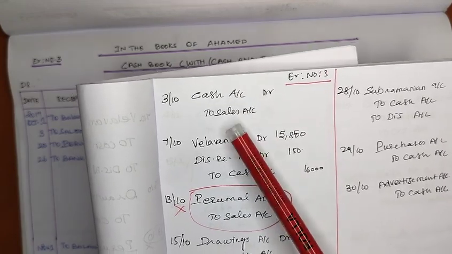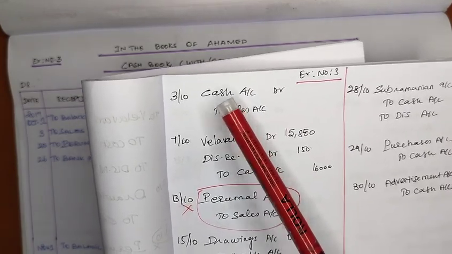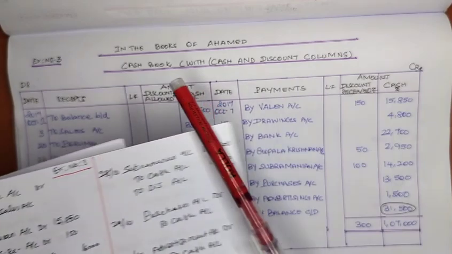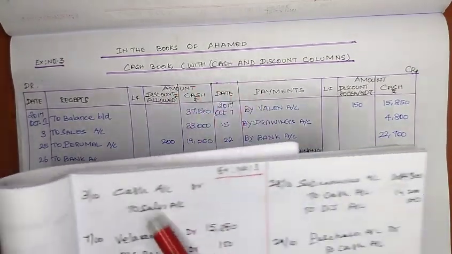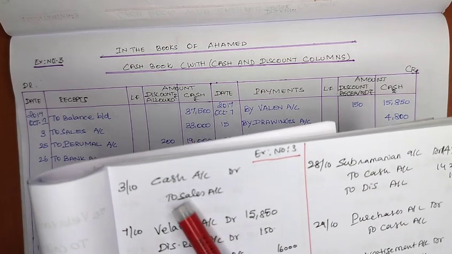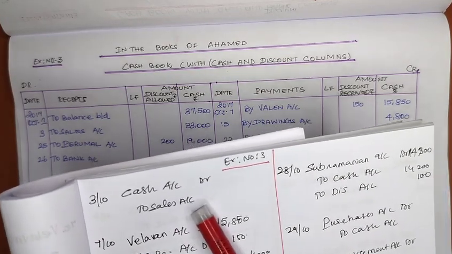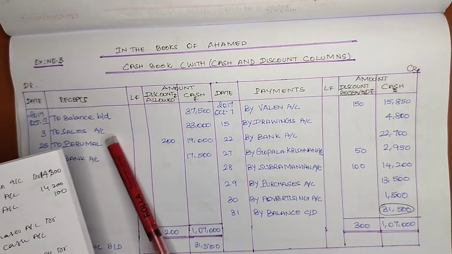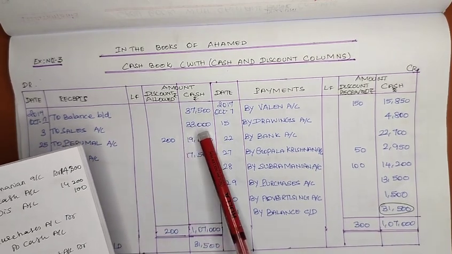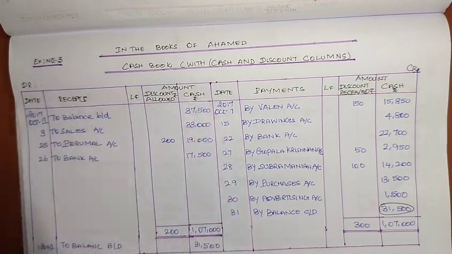So cash account debtor to sales account. Cash is on the debit side, so we go to the debit side on the cash column of the cash book. What is the opposite account from the cash book? Sales account. So dated on October 3, to sales account, 30,000 rupees we have to enter into the cash column.